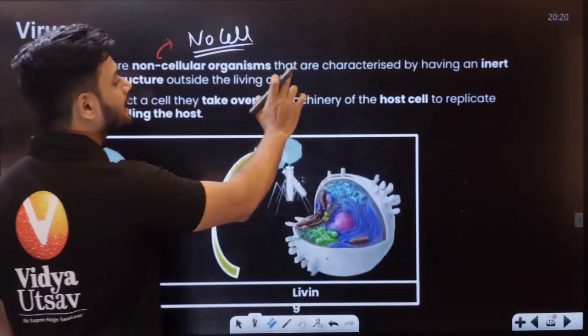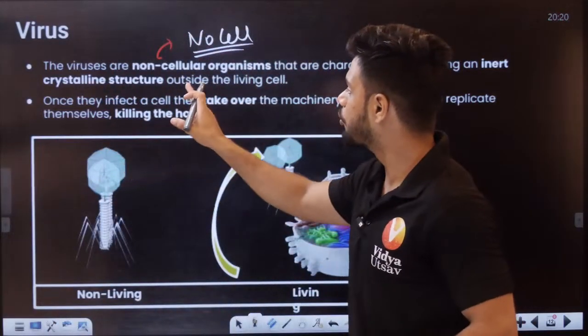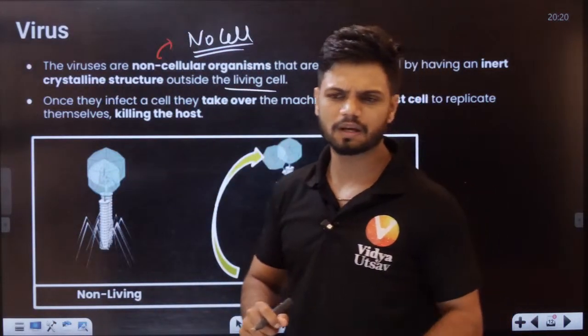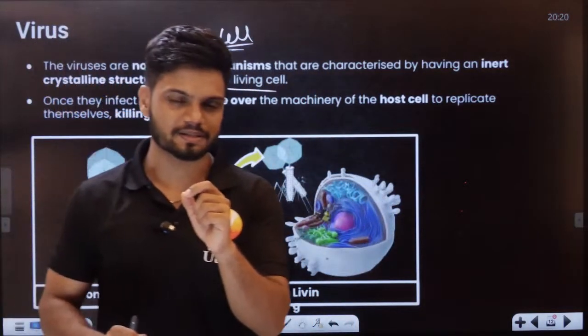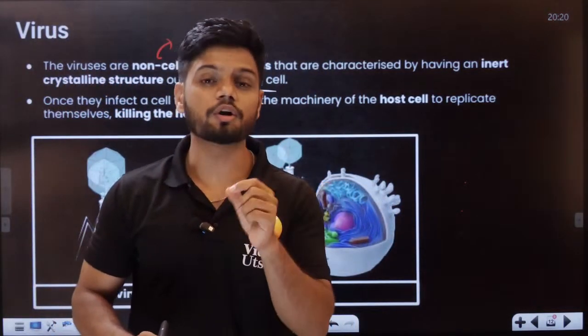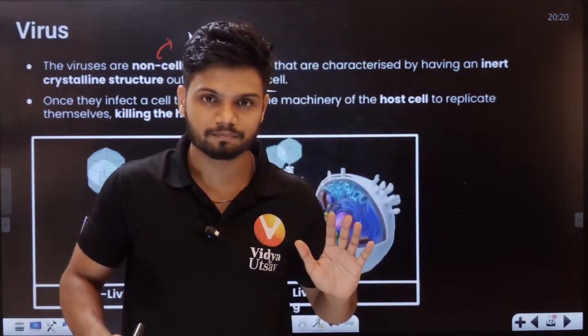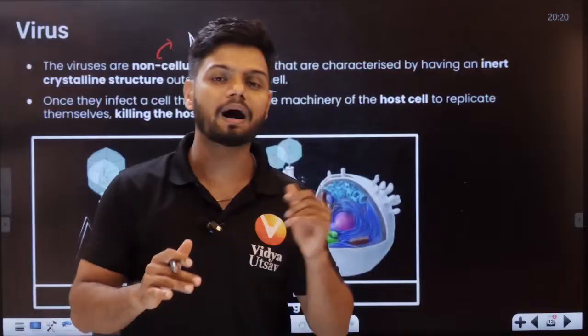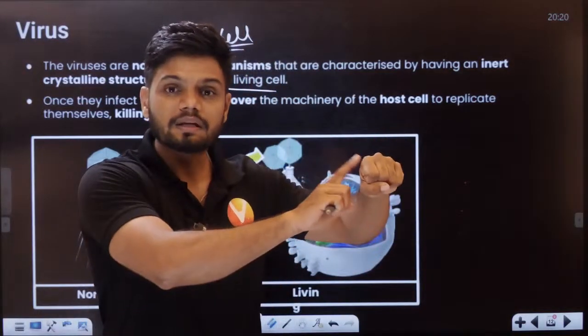Okay. And they are characterized by having an inert crystalline structure outside the living cell. What does this mean? They are inert, which means that, students, they do not move, they do not reproduce, they do not grow when they are outside the body. So outside a living body, if they are out of a cell, this will be completely inert.